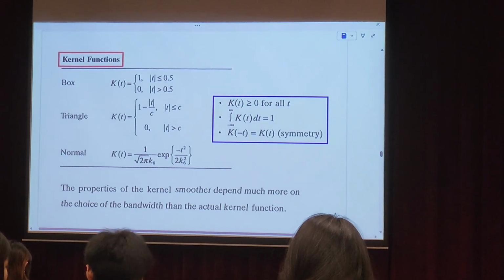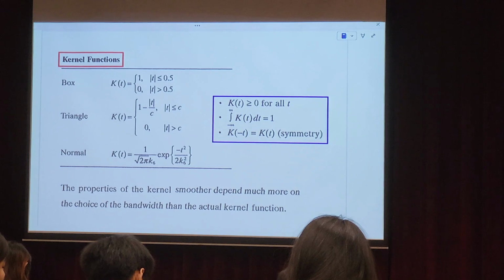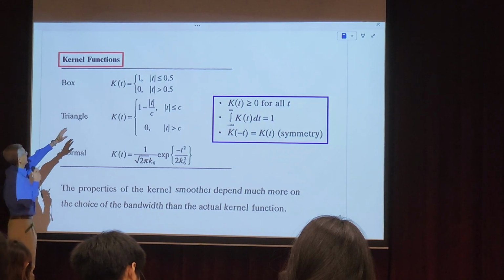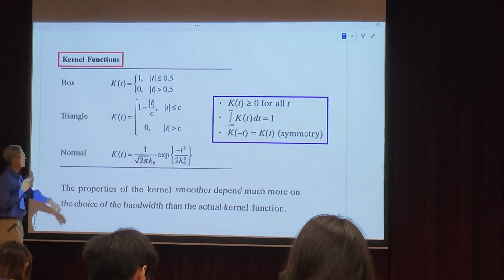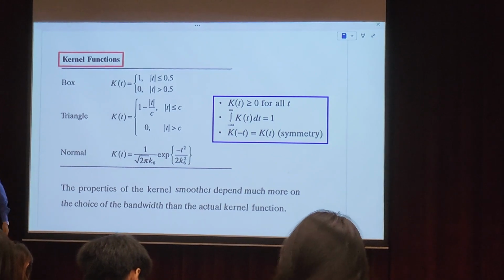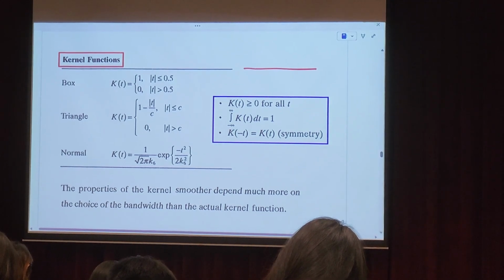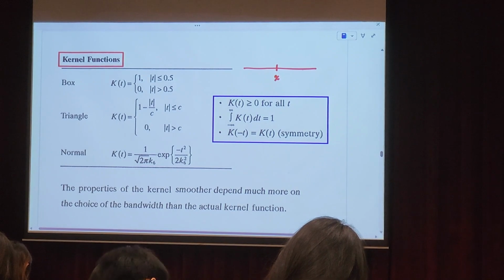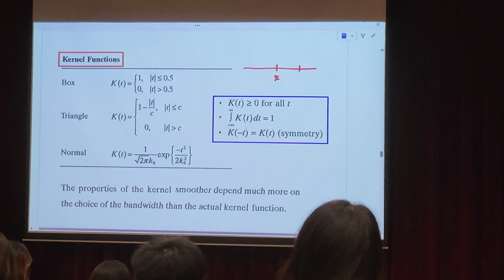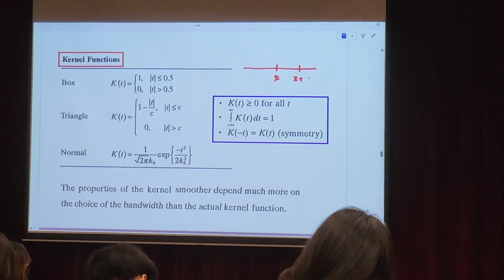Okay. Now, the kernel function that I have, the weighting is defined by this function called KT. KT is called a kernel function. Now the first one is what I have described. So if I have x here, and let's say x plus c, x minus c.